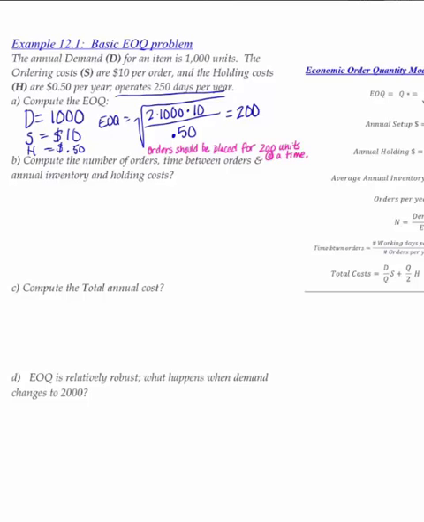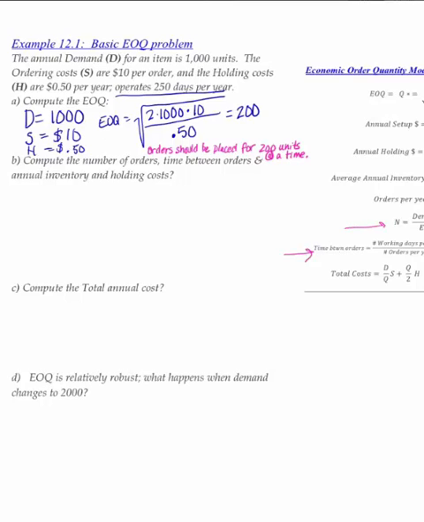So you look over here to the right and you notice that the time between orders is the formula right here, where we take the number of working days per year and we divide by the orders per year. But first we've got to calculate the number of orders per year, which is going to be this N right here.